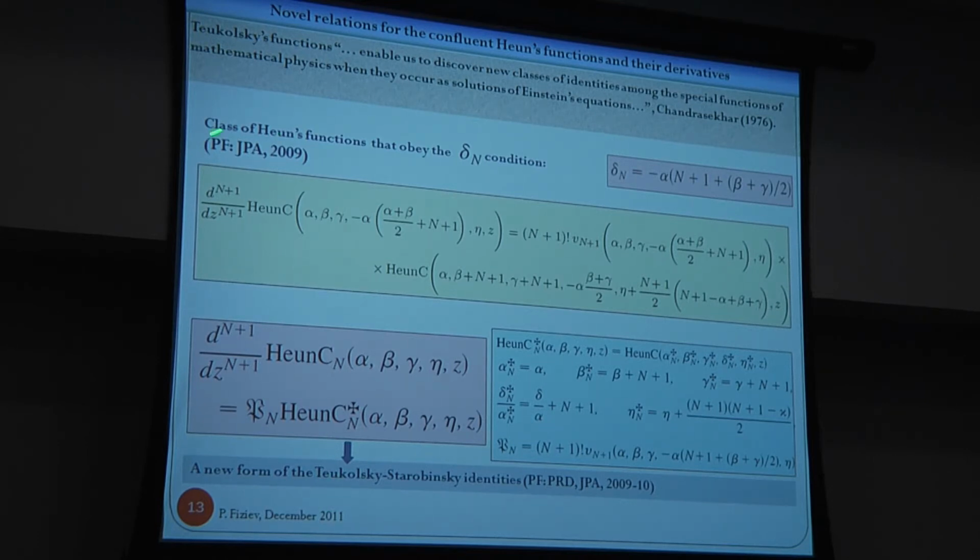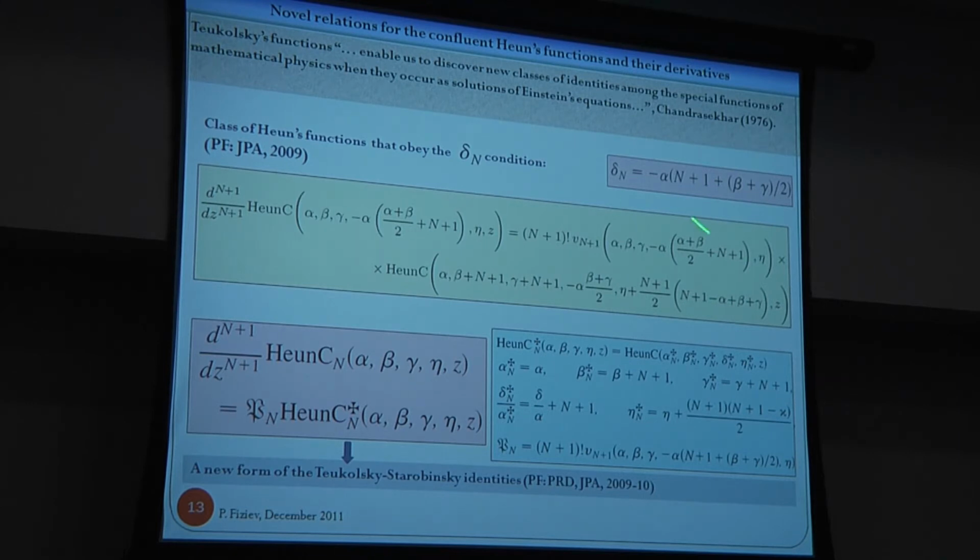You can see the publication in Journal of Physics A. The main result is that for some special kind of parameters in Heun functions, which I call the delta n condition, the delta parameter in the general Heun function is not arbitrary, but has to have a discrete spectrum. Actually, n is a positive integer, not a fixed one.